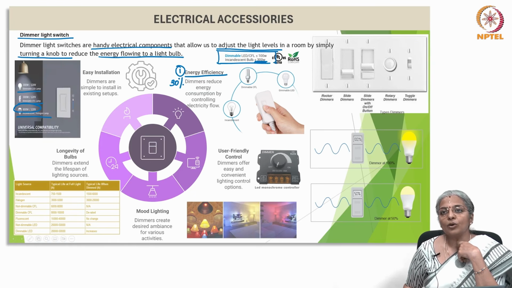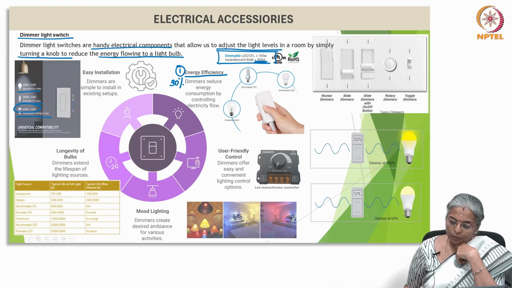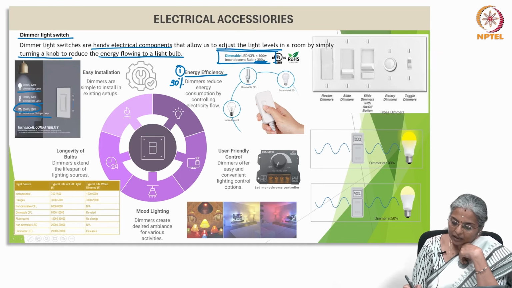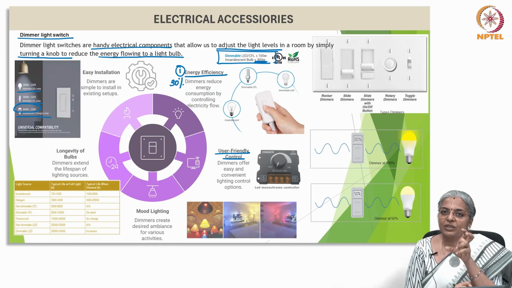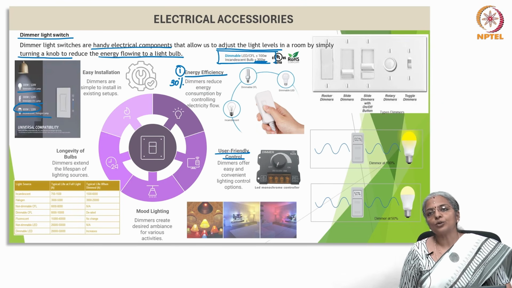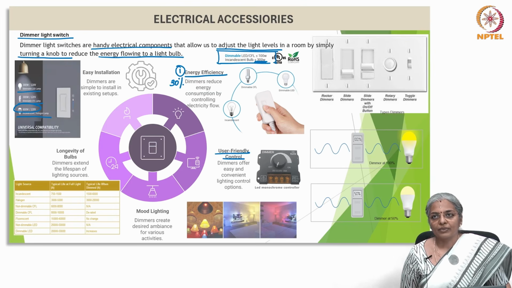Next is controlling the lighting system. So, you will be able to control its user friendly control. So, different types of dimmer switches are designed in such a way that they are extremely user friendly, making these dimmer very ideal to be operated by sliding up and down.